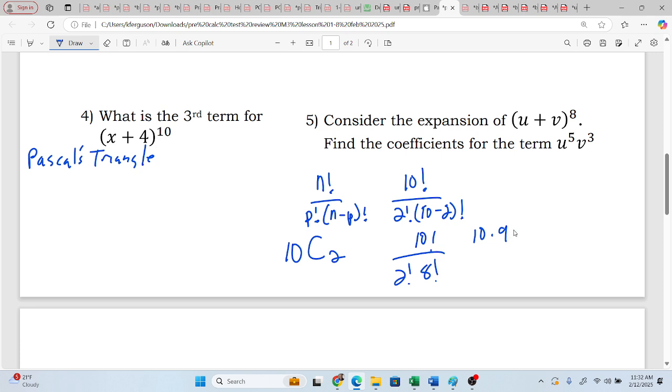I just said I didn't need to do this, and I'm doing it. 8 factorial over 2 factorial times 8 factorial. Well, the 8 factorials cancel each other out. So what am I left with? Well, 2 factorial is just 1 times 2. So I'd have 10 times 9, which is 90, over 2, which is 45, like we just said. And so 0, 1, 2, the third term, my Pascal's triangle's constant is 45.